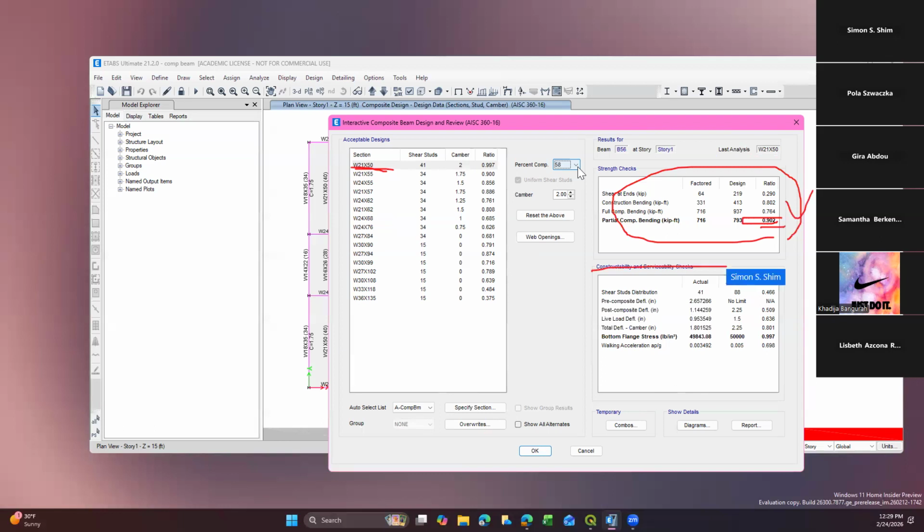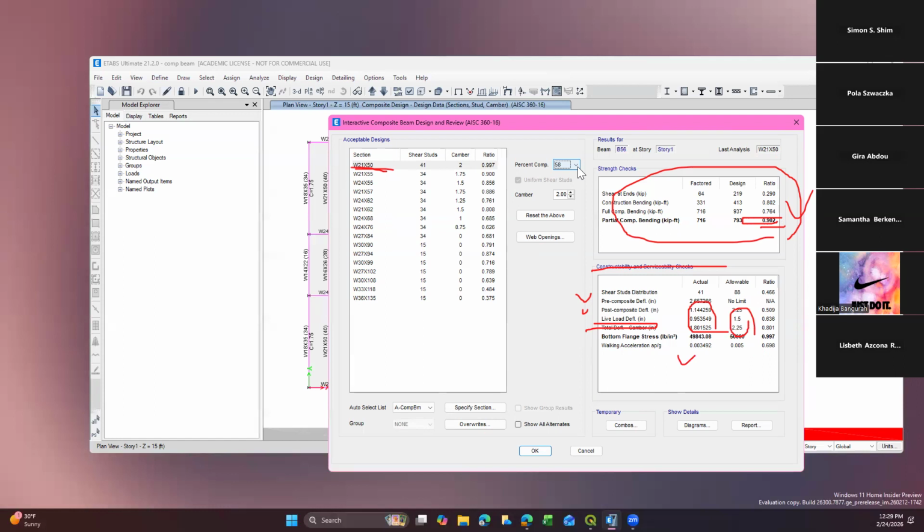And the serviceability deflection check, right? Pre-composite and post-composite total deflection using the camber, all deflections are less than the criteria. So you need to conclude this, right?